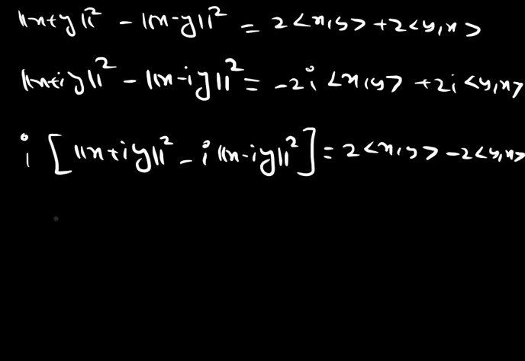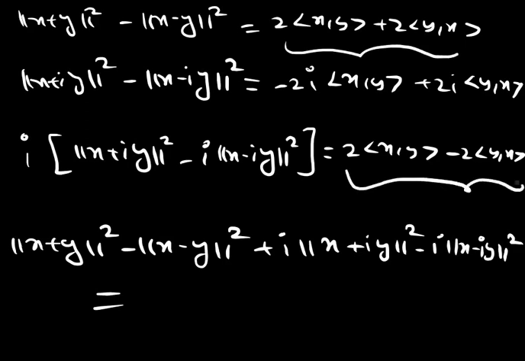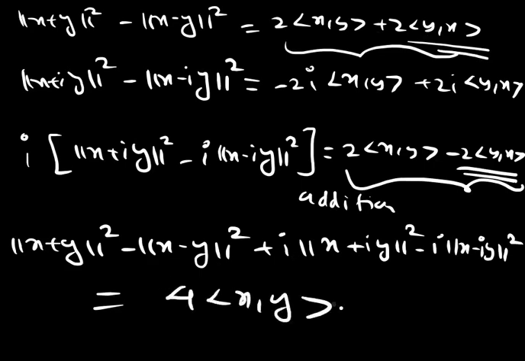This with this, if you add, what would be norm of x plus y whole square minus norm of x minus y whole square plus i times norm of x plus iy whole square minus i times norm of x minus iy whole square. This is this term added with this term. So this is with a plus sign over here, this is with a minus sign. So these two cancel out. So this is 4 times inner product of x with y. That is what we wanted to prove.